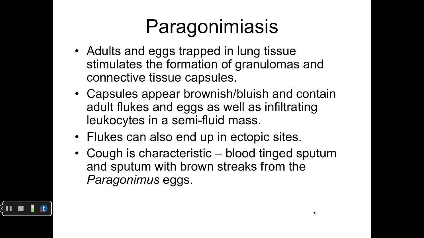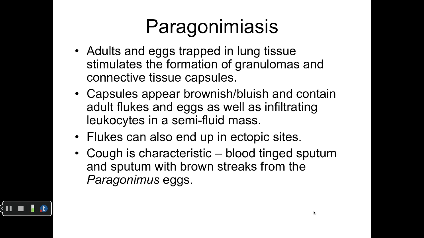You do get granulomas forming, and the capsules appear sort of brownish bluish in color, and they're going to contain, again, both adult flukes and eggs, as well as infiltrating leukocytes, and it forms sort of a semi-fluid mass around these little foci of infection.